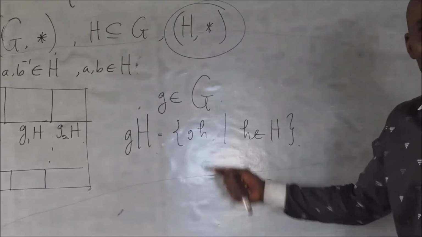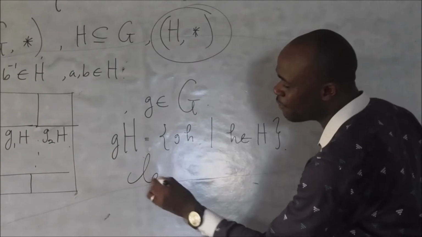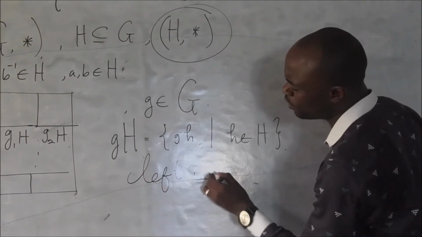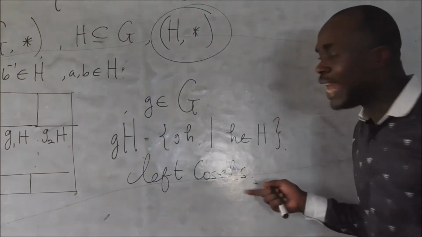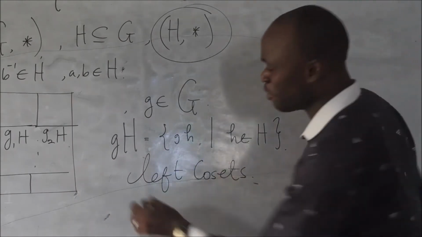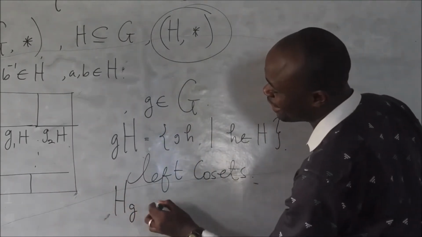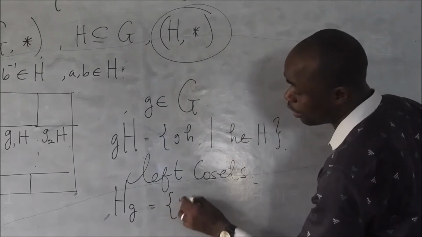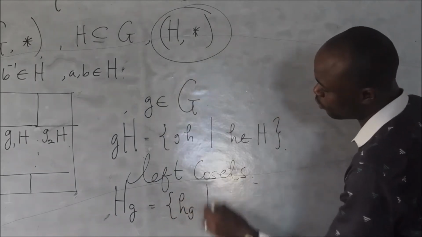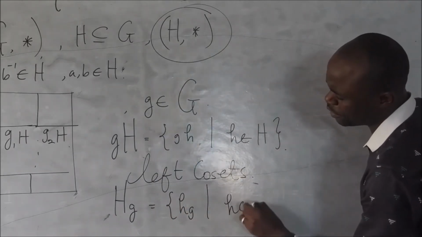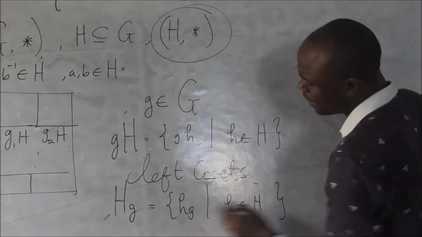So this is called cosets, but specifically, these are called the left cosets. Now, that is very interesting because in this case, Hg can be equal to hg, such that h is in H. And we can call this the right coset.